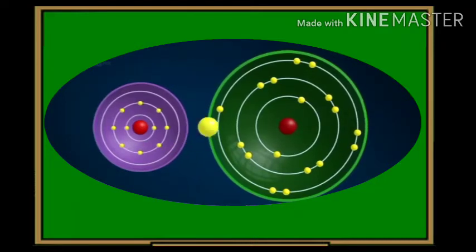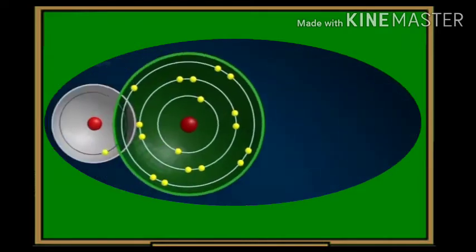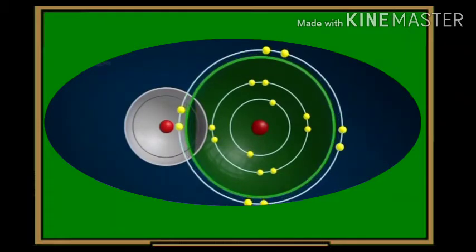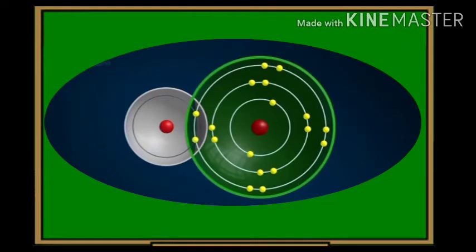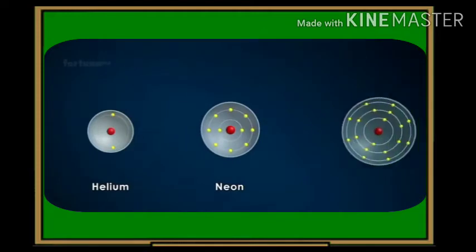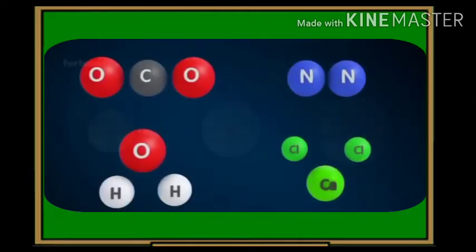This way oppositely charged ions combine to form a molecule of sodium chloride, which is chemically very stable. This way unstable atoms of elements try to achieve the nearest inert element configuration like helium, neon and argon.